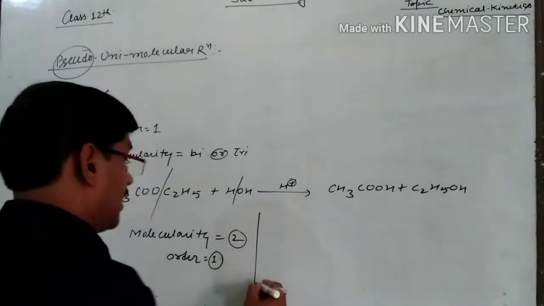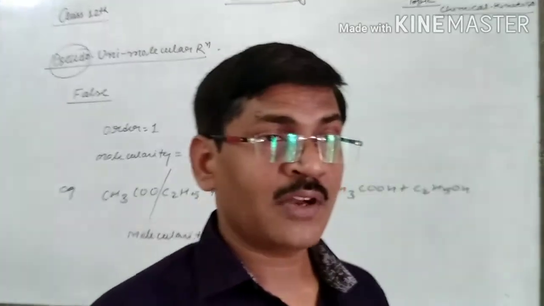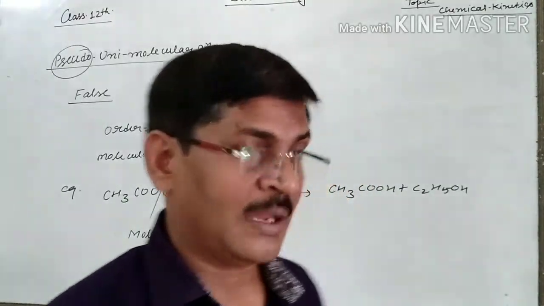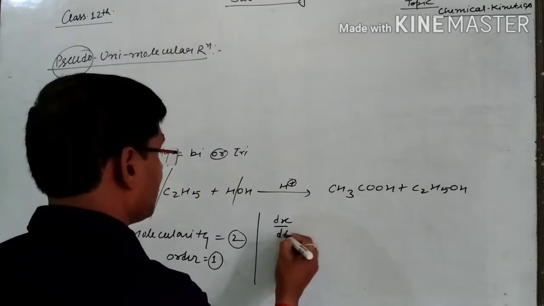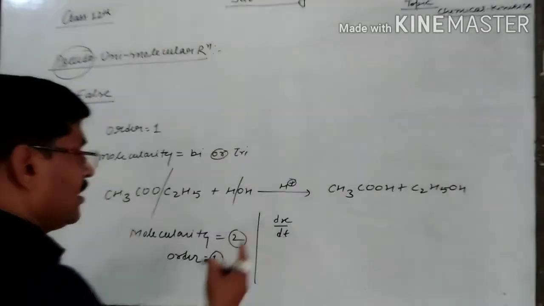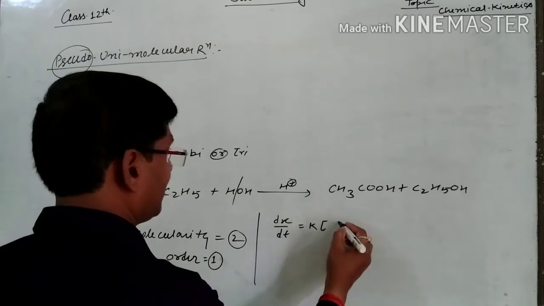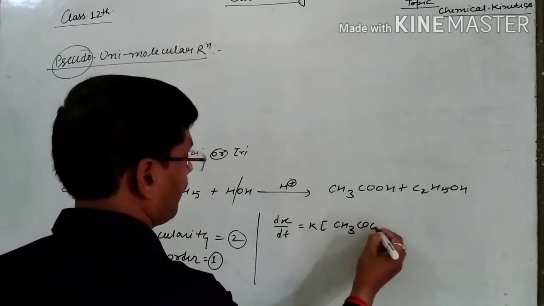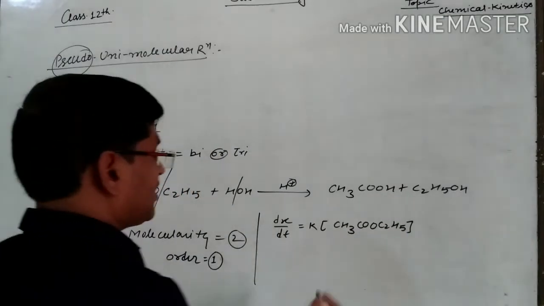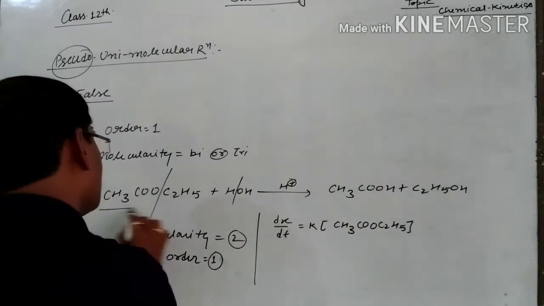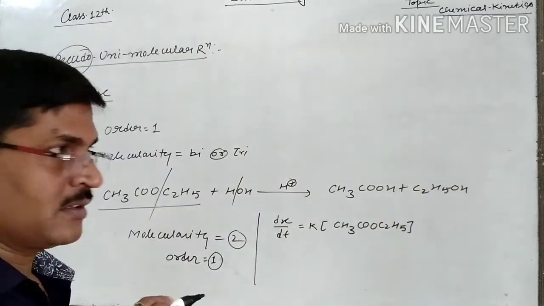Now the idea generated in your mind is: why is molecularity 2 and order 1? I am going to represent this. If you discuss the rate of the reaction, dx by dt is equal to K concentration of ethyl acetate. It means that only the concentration of ethyl acetate affects the rate of the reaction.